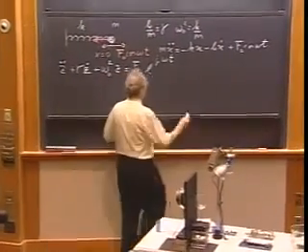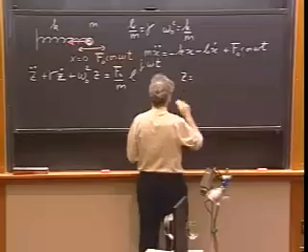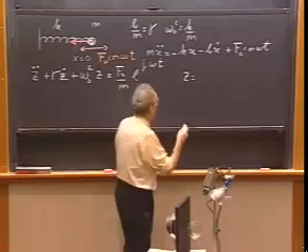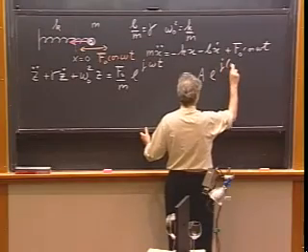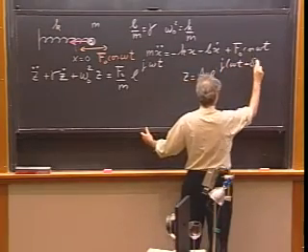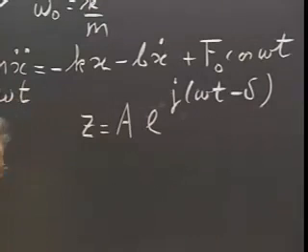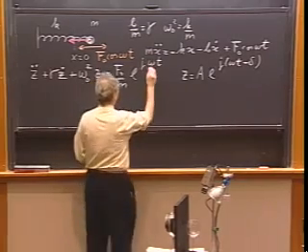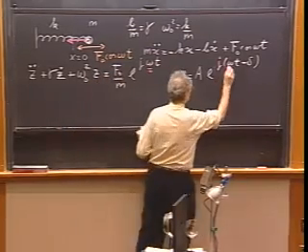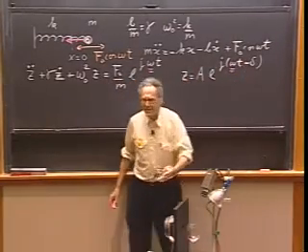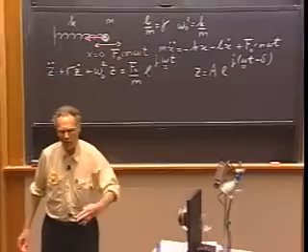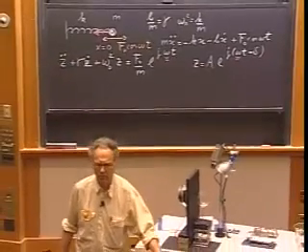My trial function for z, in complex notation, is some amplitude A times e to the power j (omega t minus delta). Crucial is that you understand why this omega and this omega are the same. This is the omega of my driving the system, that is my will that I impose on that system.